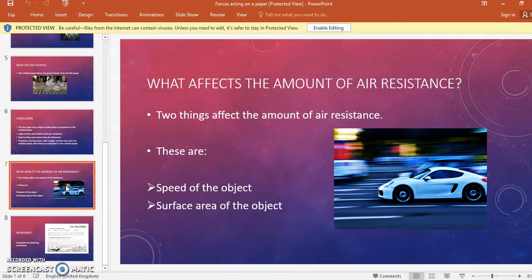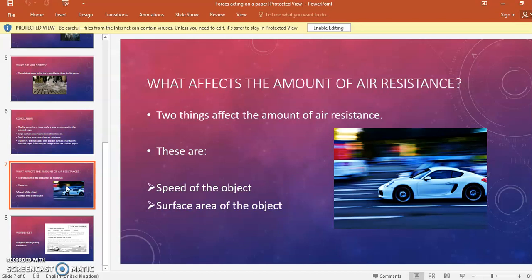Now see, what affects the amount of air resistance? Two things affect the amount of air resistance, and these two things are speed of an object and surface area of the object. Okay, so for this you have to understand that air resistance is dependent on two factors.